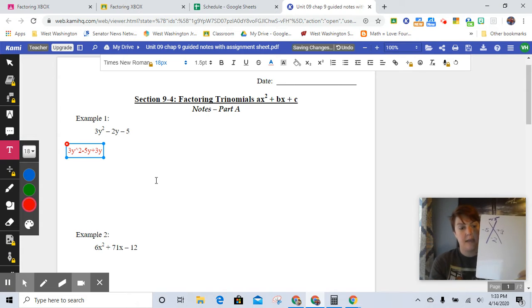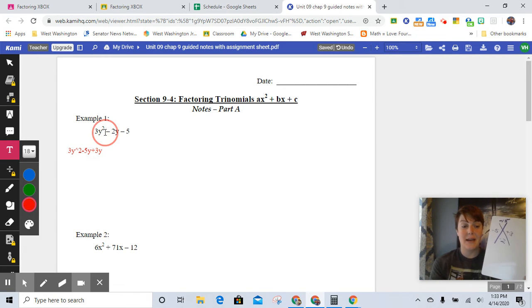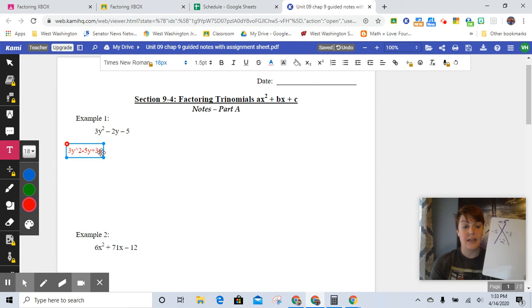So you can see that plus 5y, plus 3y, these two middle terms combine to make this middle term. And so this is just rewriting it. It's breaking it down into something that multiplies what we need it to be. Anyway, and then minus 5 at the end.